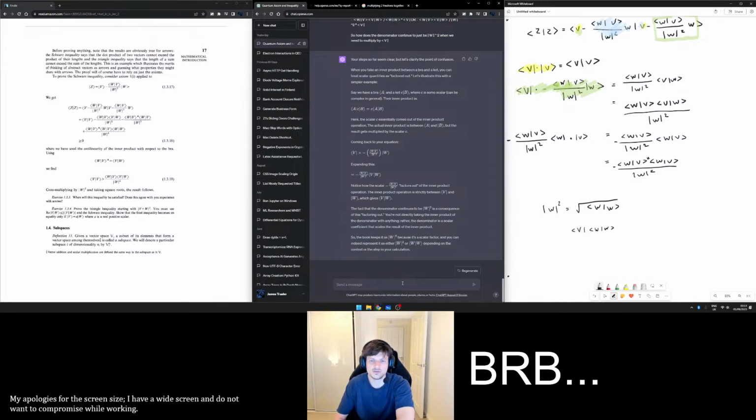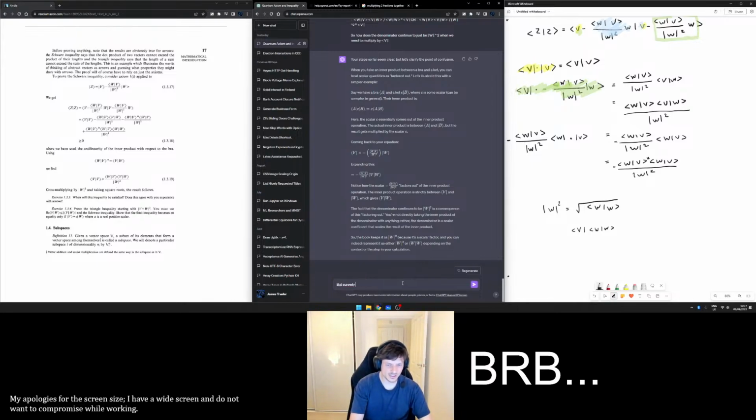The inner product operation is strictly between V and W. The fact that the denominator can just be W squared is a consequence of this factoring out. You're not directly taking the inner product of the denominator with anything. Rather, the denominator is a scalar coefficient that scales the result of the inner product. So the book keeps it as W squared because it's a scalar factor, and you can represent it as either W squared or W, depending on the context or the step in your calculation.